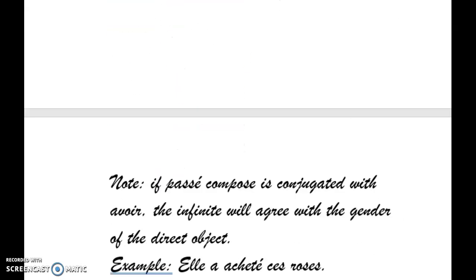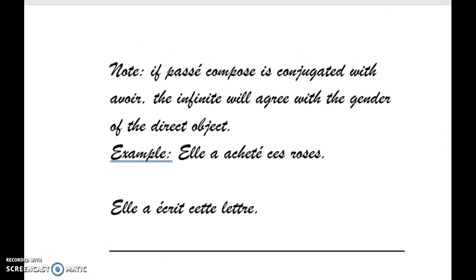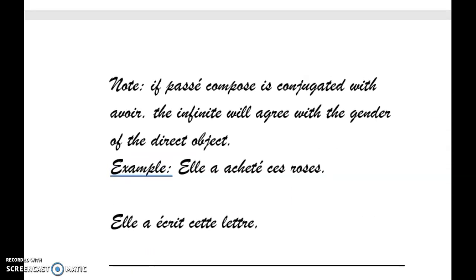But there is also an exception. To note, if passé composé is conjugated with avoir, the participle will agree with the gender of the direct object. This is very difficult to understand, but if we do an example, you will understand. Let's take this example. Elle a acheté ses roses. So, the direct object is ses roses.